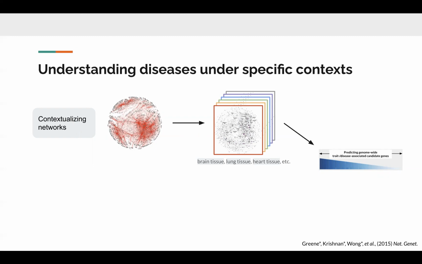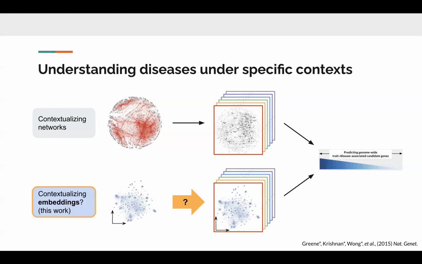For example, when studying neurological diseases, it is more beneficial to use the brain-specific network. And when studying heart-related disease, it is better to use the heart-specific network. Thus, in this work, our main goal is to extend this idea of constructing context-specific gene interaction networks to contextualizing network embeddings.